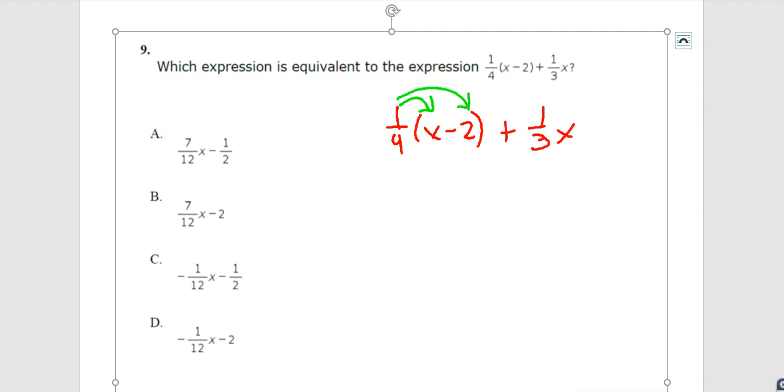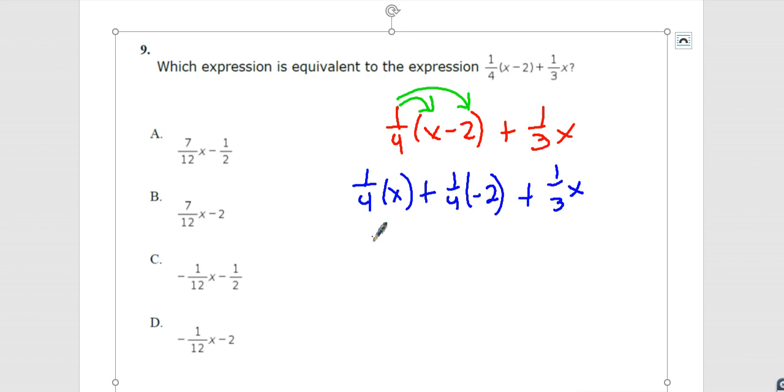And that will leave me with 1/4 times x. And when I'm going to distribute, I'm going to keep the sign to the left and use addition in between every time. Because remember, this is x plus -2. So plus 1/4 times -2 plus the 1/3 x, which is still here. That came straight down.